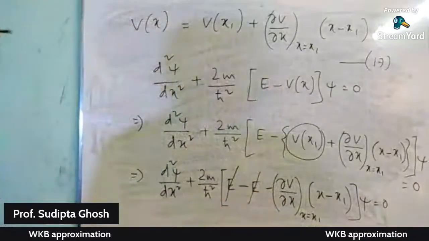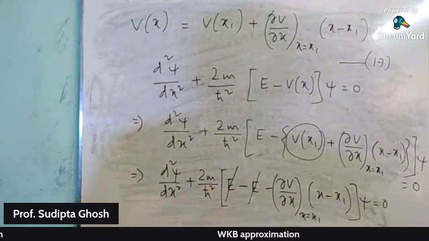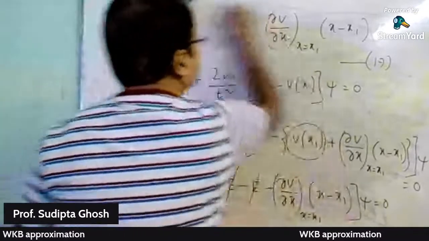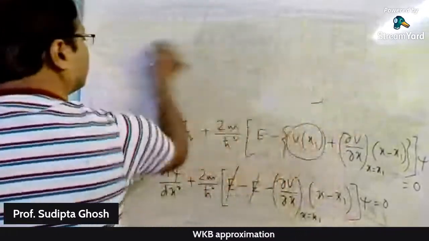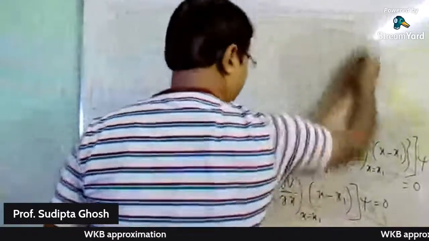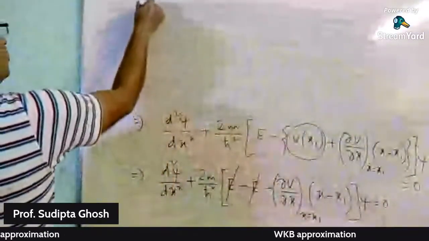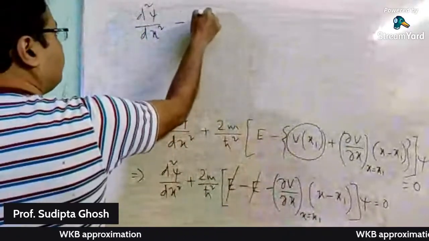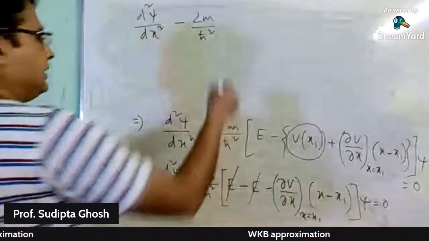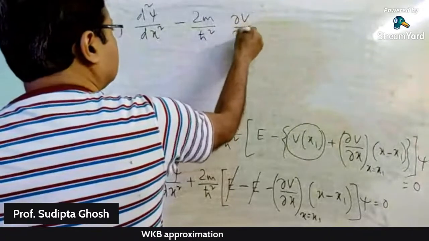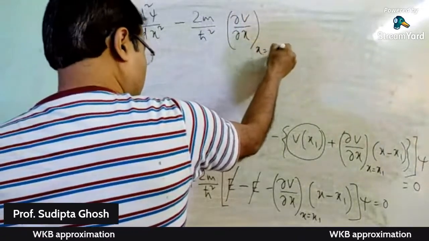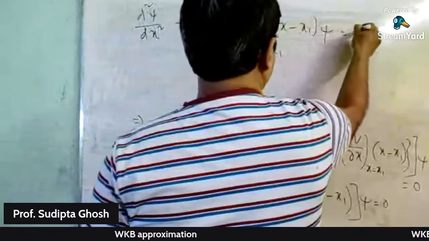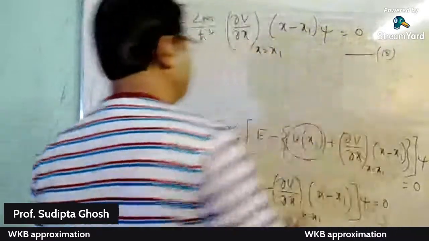So here I can neglect this E. So we have d2 psi dx2 minus 2m by h cut square del V del x at x equals x1 into (x minus x1) psi equals 0. This is equation 18.